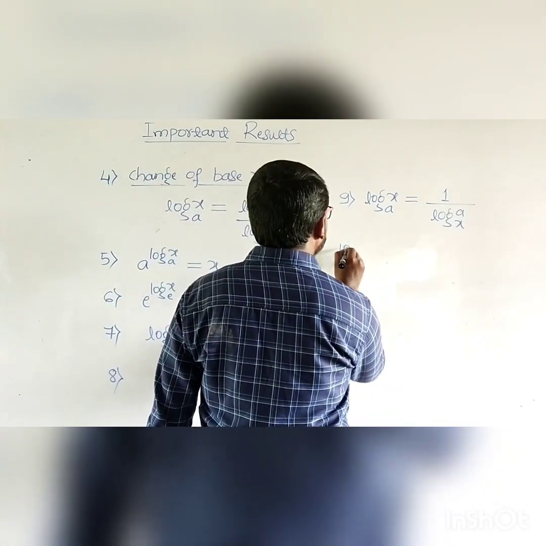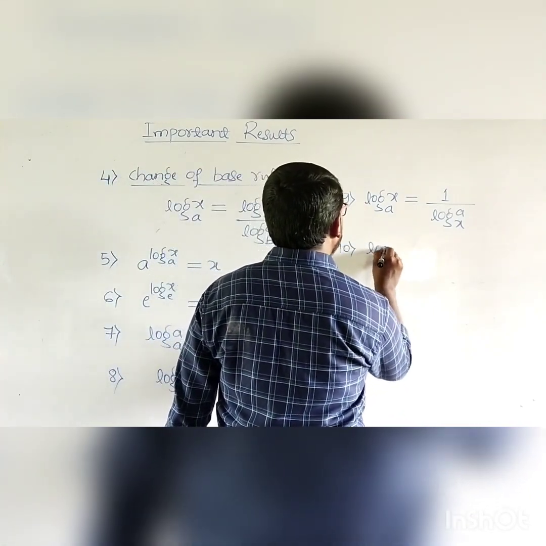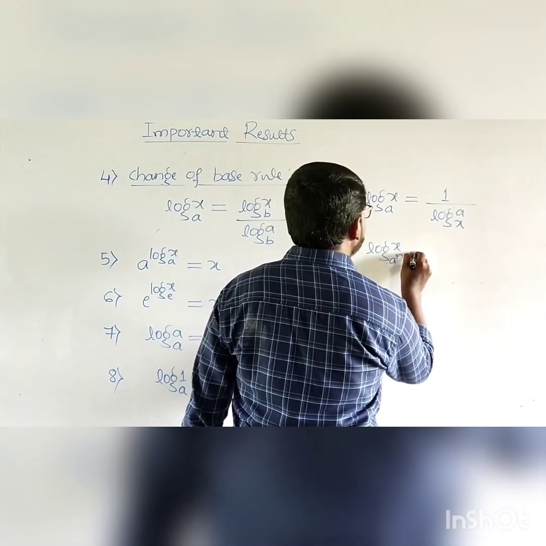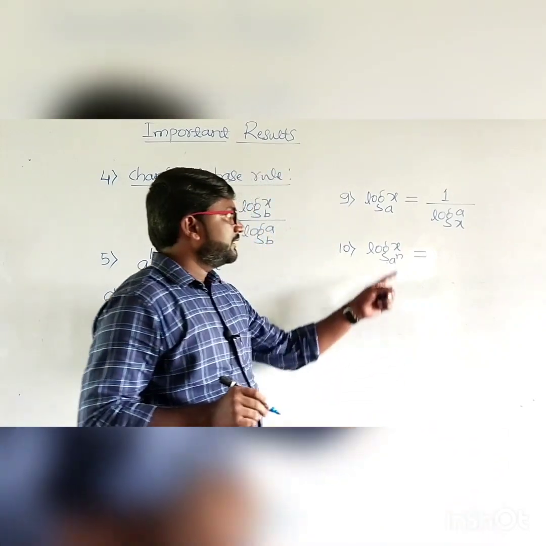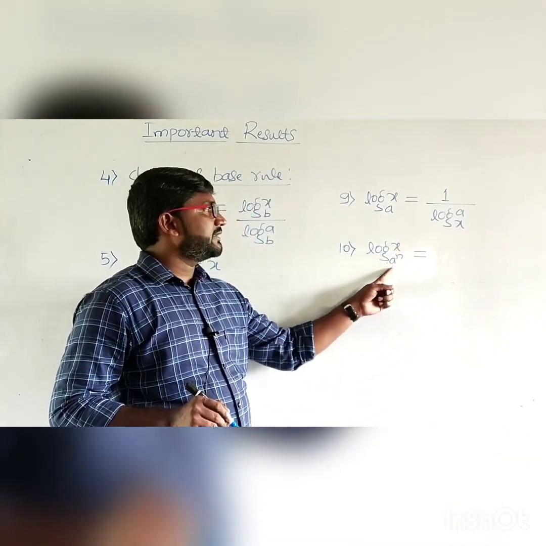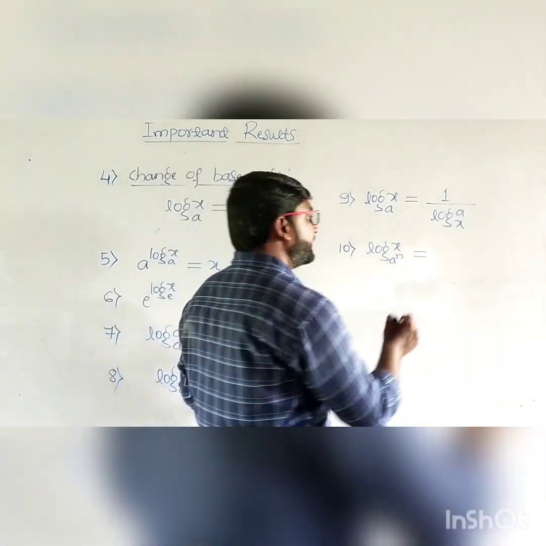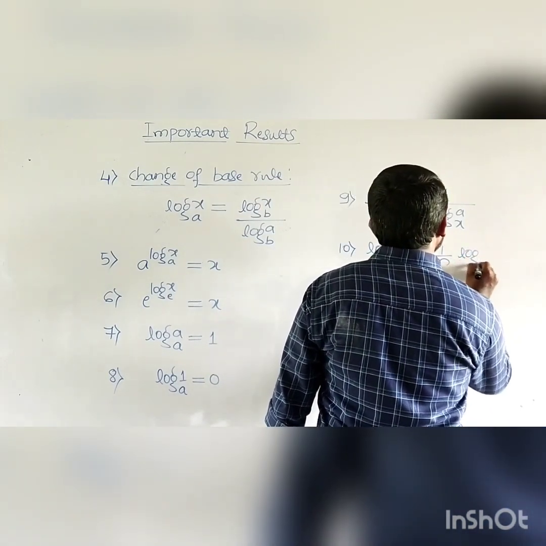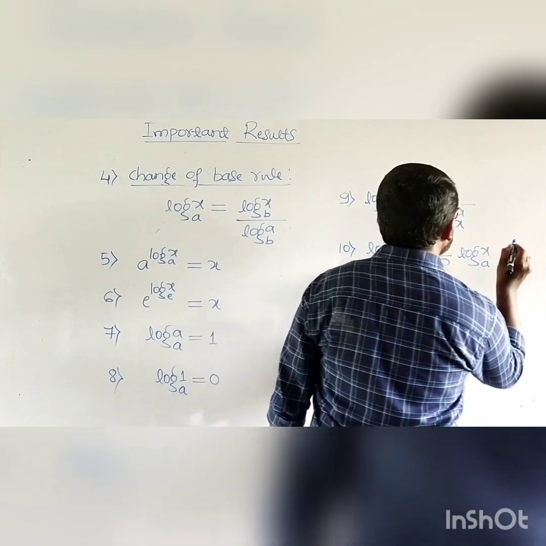Then the tenth one is log x to the base a raised to n. Log x to the power n can be written as 1 by n into log x to the base a.